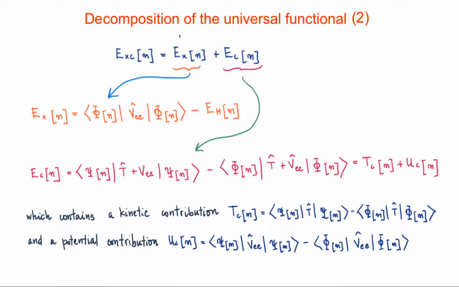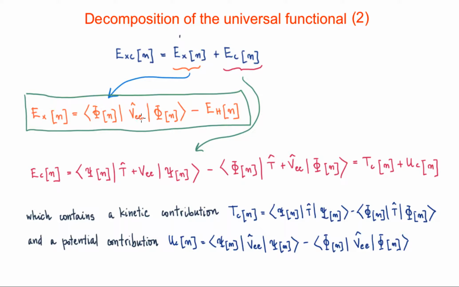So the exchange energy is defined in this way here. Basically it is the average of the electron-electron potential energy when we are considering the Kohn-Sham wave function, minus the Hartree energy that we have just described before.